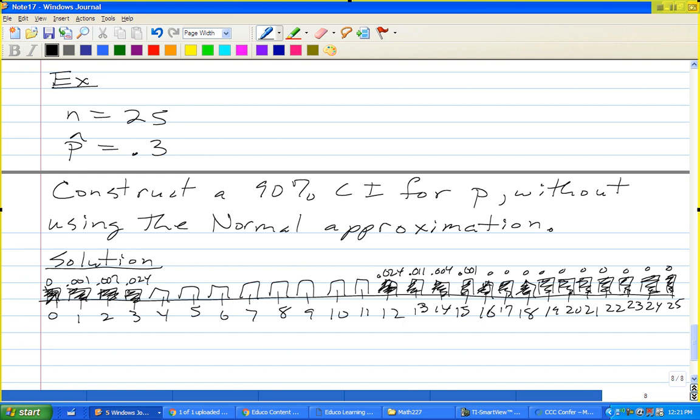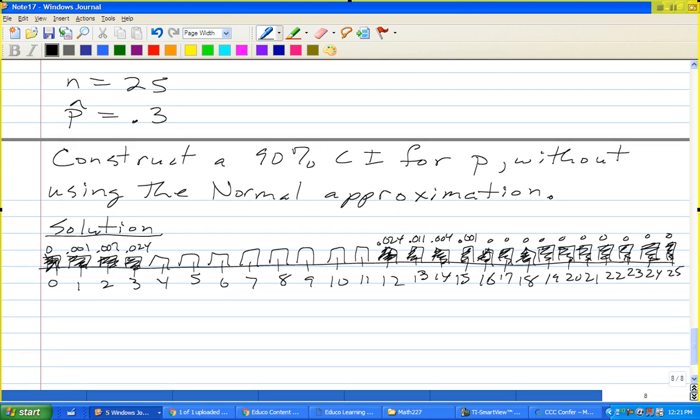Okay, so my confidence interval therefore looks like numbers between 4 and 11. Let's do inequalities. Okay.